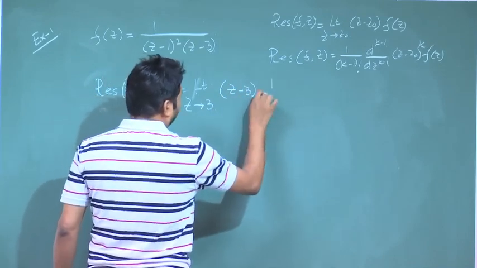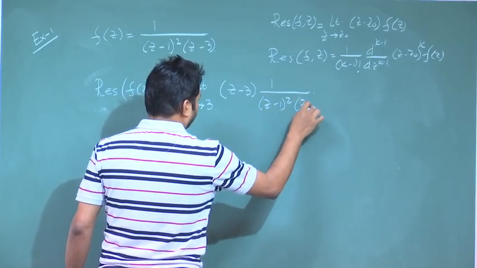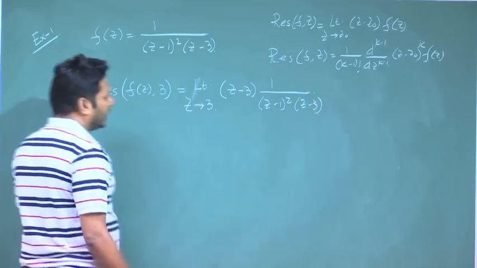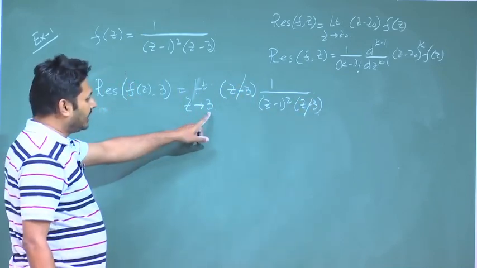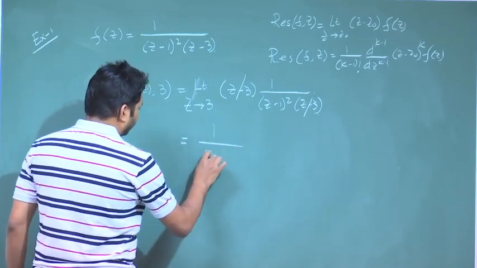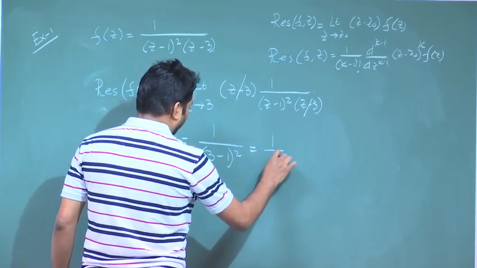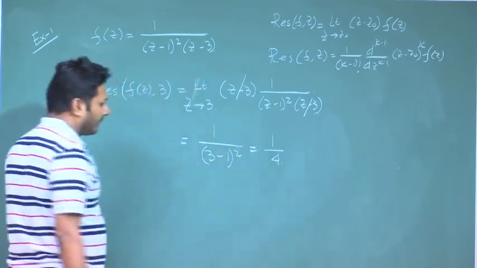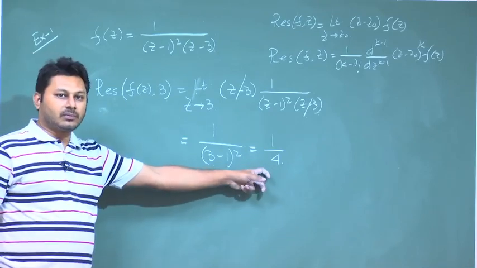The function here is 1 divided by (z minus 1) square times (z minus 3). It will cancel here and here, and now I put the limit into the function. It will be 1 divided by (3 minus 1) whole square, so I find 1 by 4. So my residue at 3 comes out to be 1 by 4.